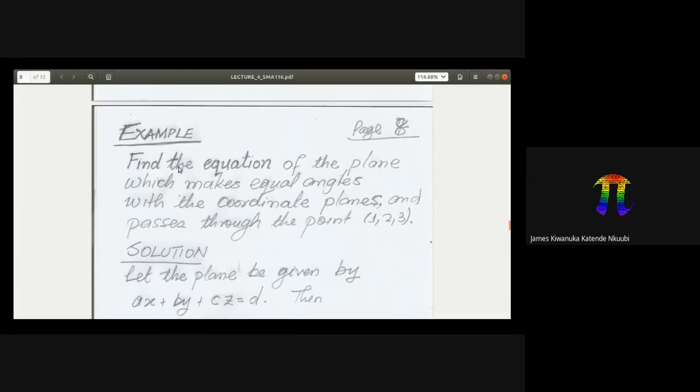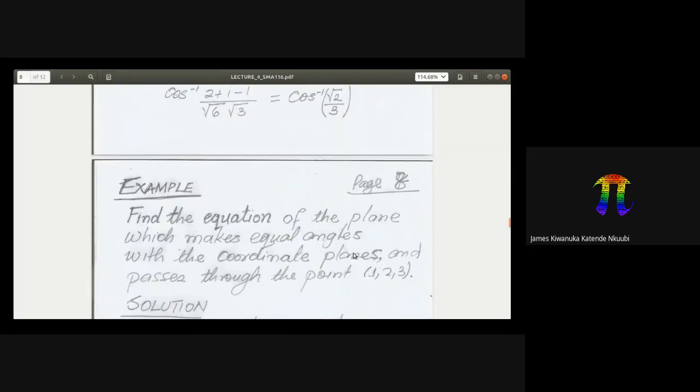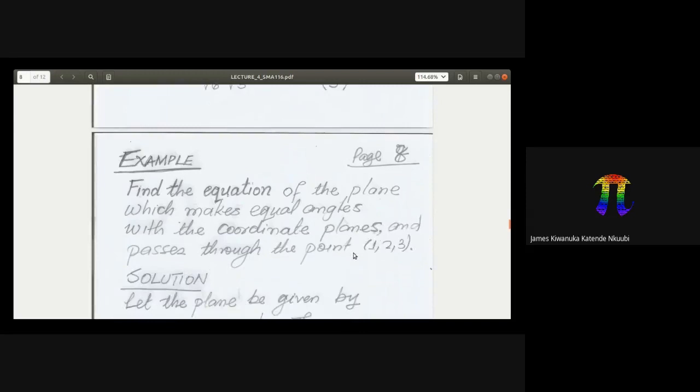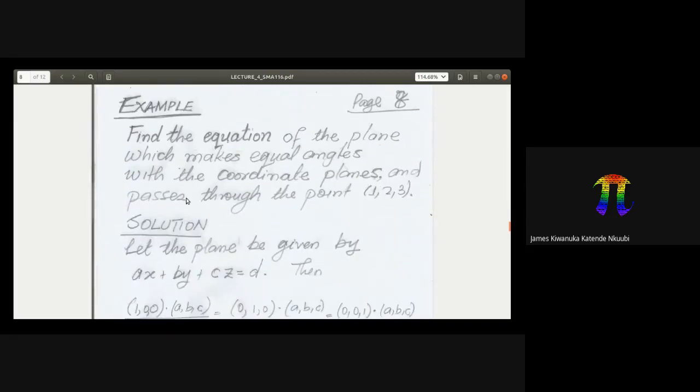So this plane is supposed to make equal angles with the coordinate planes. So that means it should make the same angle with the x-axis, the same angle with the y-axis, and the same angle with the z-axis. So not only that, it also passes through the point 1, 2, 3.